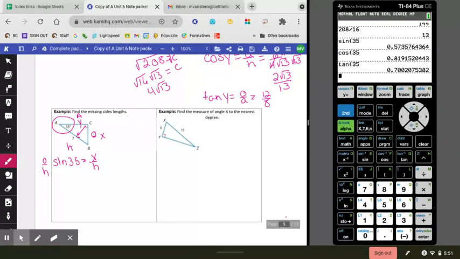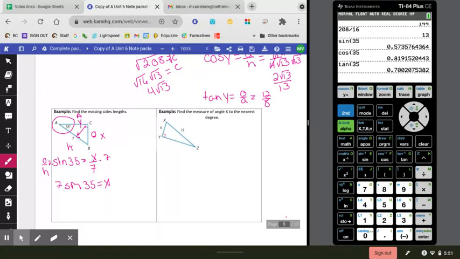Now, I don't want to write out that long number that my calculator told me. So instead of writing X over H, actually, I should have put X over 7. So I'm going to multiply both sides by 7, and so it's 7 sine of 35 equals X.